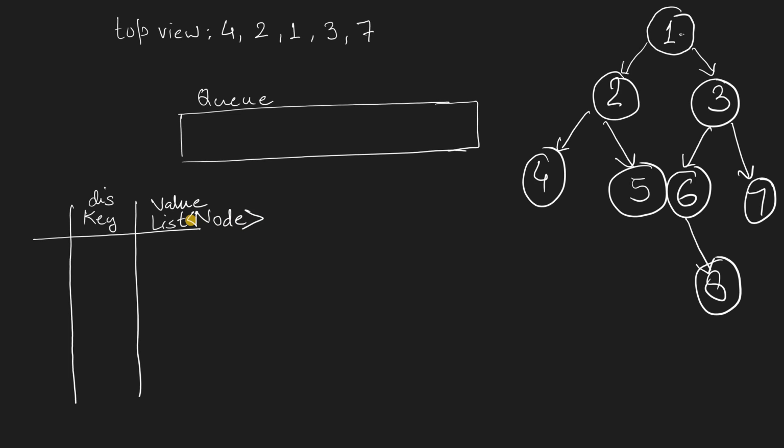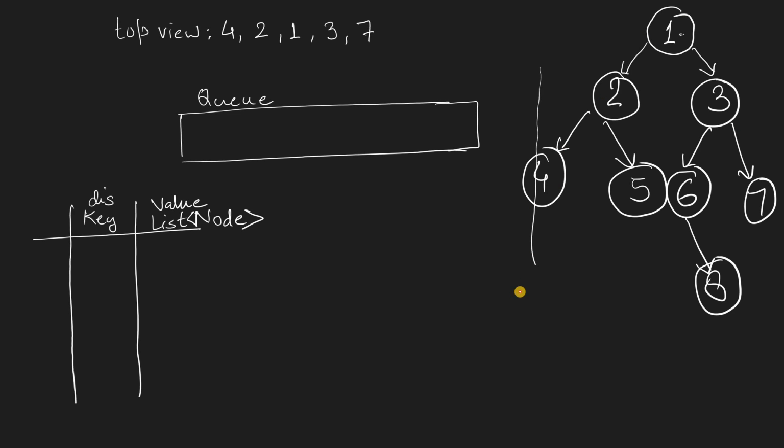So this is for vertical order traversal, but in this case we only need to store one single node, right? We don't need to print all the nodes which are on a particular level, right? We only need to consider nodes which are on the top of that particular level.